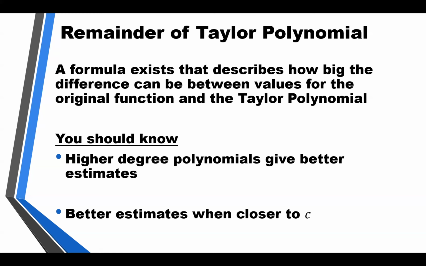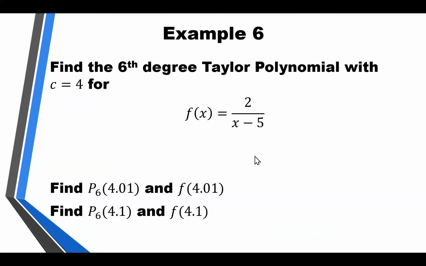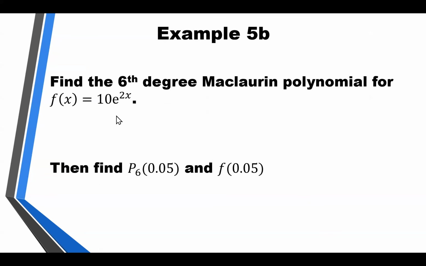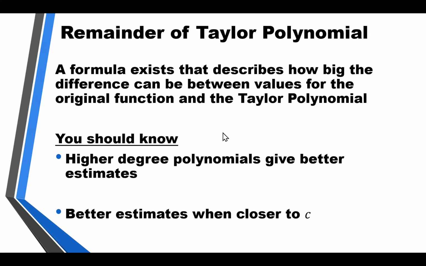We know that we can create polynomials that give really good estimates for our function around certain center points. And our function may be a rational function like we had in example 6. It can be exponential functions like we had in example 5. We had a natural log earlier. We had other exponential functions. And again, we can get really good estimates with polynomials.